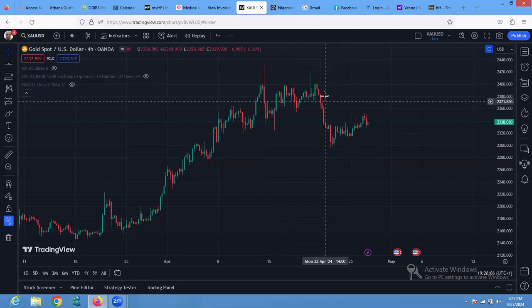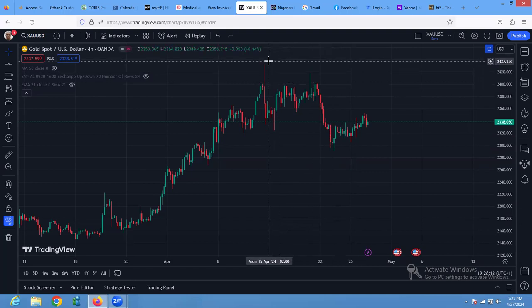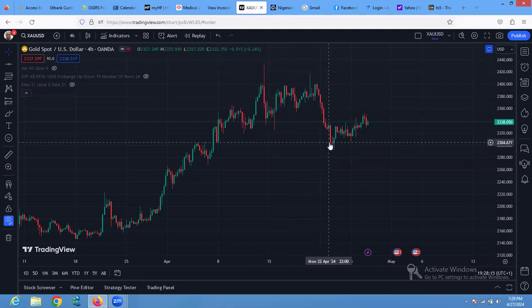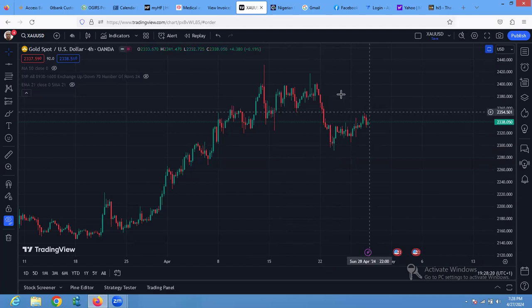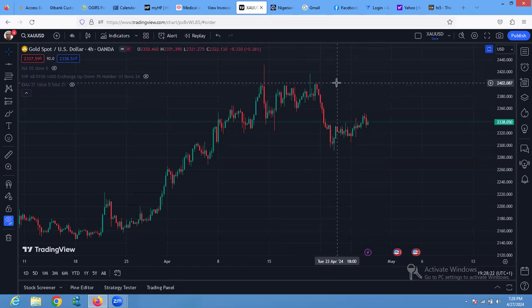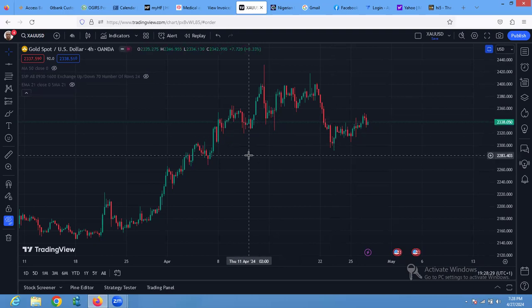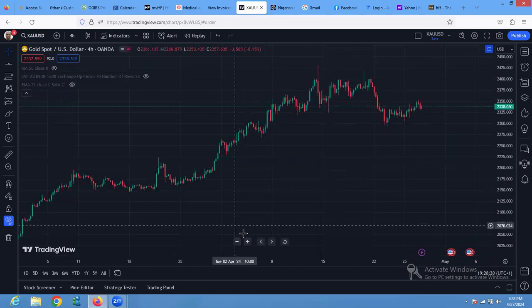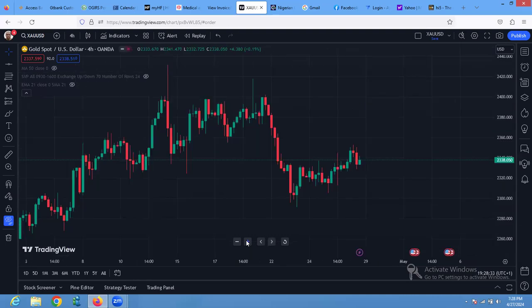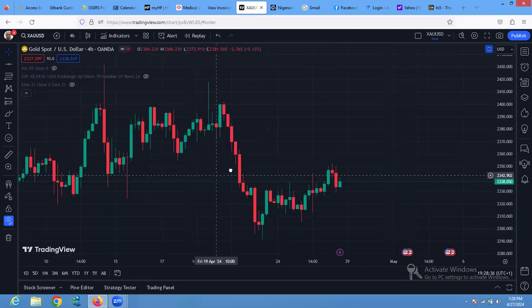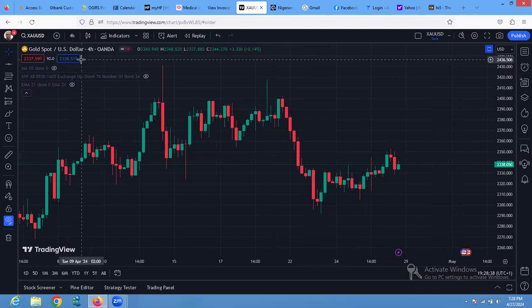With this as a C wave, if we're going to have a bigger correction that will make this triad 1, 2, 3 an A, then we should be looking at price not taking this point. Once the price takes this point, then how do we know? Let's see. Because you have to know how to map out the area of liquidity on a higher time frame for you to work out your lower time frame.